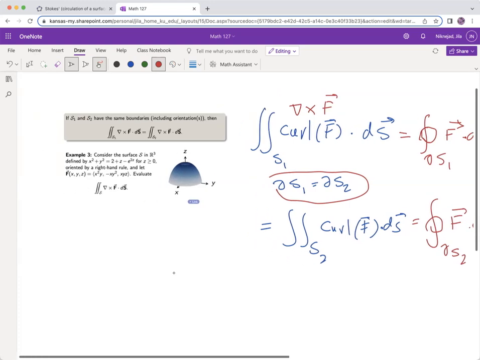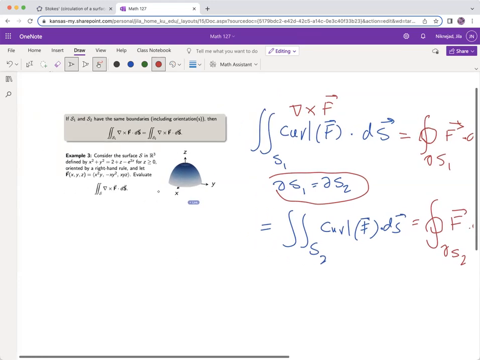Now, how are we using this? Here I have this question. It says, consider the surface in R3 for z bigger than or equal to 0, and you have a vector field looking like that, and it's asking you to evaluate the surface integral of the curl.